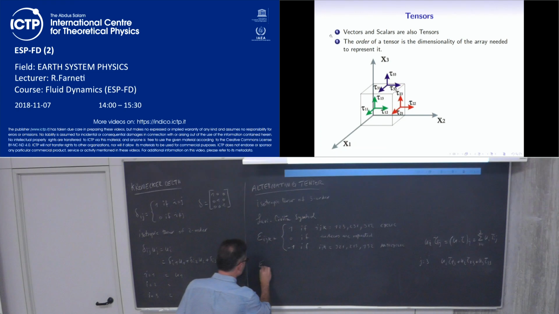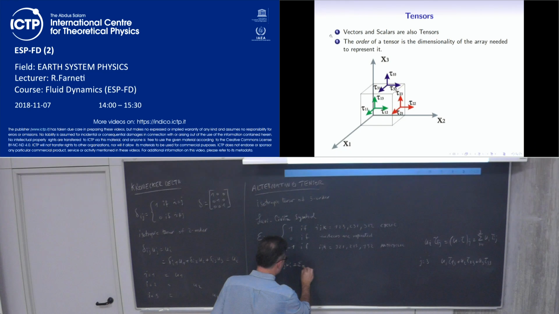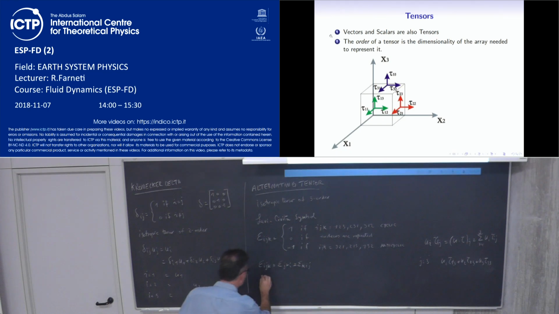That is useful because this means that epsilon ijk is equal to epsilon jki and epsilon kij, and epsilon ijk is equal to minus epsilon of the anticyclic permutations. Then you can play a lot of useful ways of using the alternating tensor, or the Levi-Civita symbol.